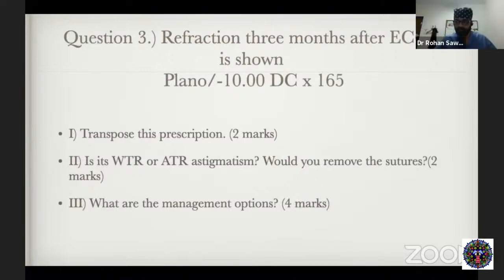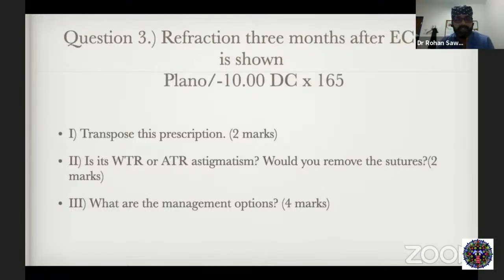Now, this next OSCE is again a question. 3 months after an extracapsular cataract surgery, this is the refraction that comes out: plano with a -10 diopter cylinder at 165 degrees. Your task number 1 is to transpose this prescription.